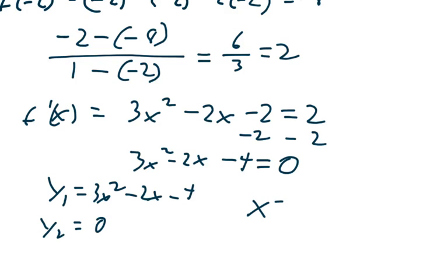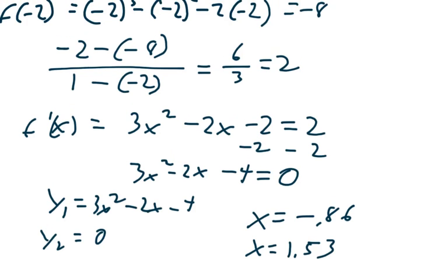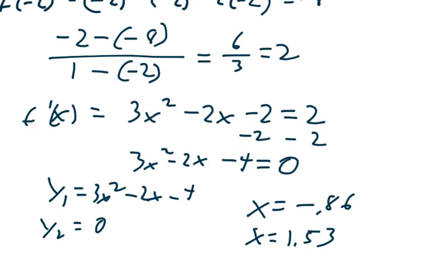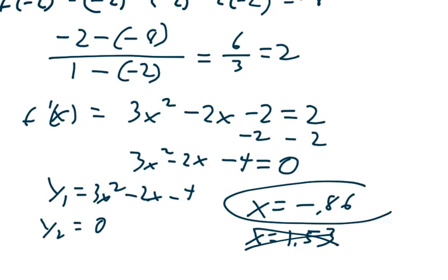And there's two intersections. One is at -0.86 and the other one is at 1.53, and because I need to be in between -2 and 1, the only answer I get is -0.86.